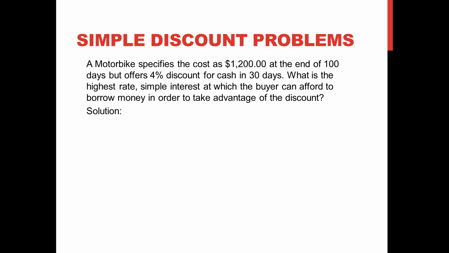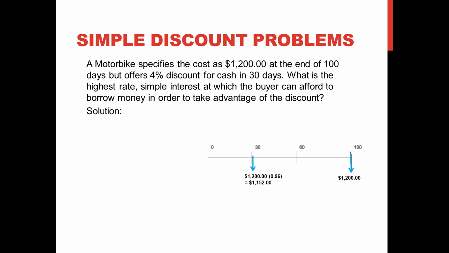So in here, we just need to determine the range. Okay? Ano ba yung range? Kasi sa 100 days, ang babayaran mo, you're gonna pay $1,200, while if you pay earlier, you'll be having a 4% discount.